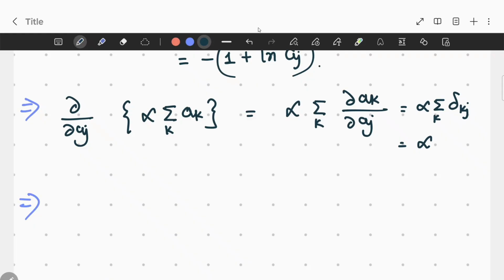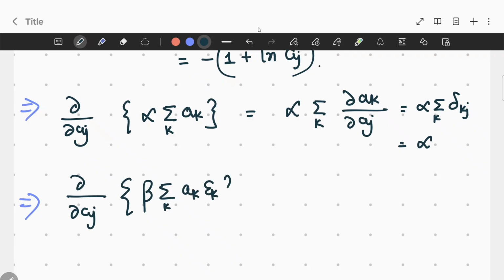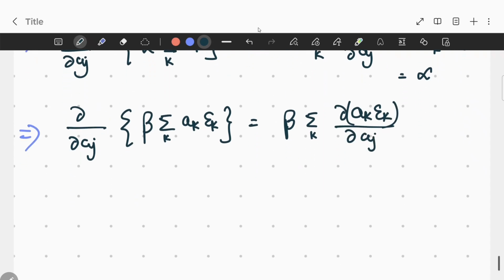And what about the third term? Here also the same thing: a_k into del a_k del a_j plus a_k into del a_k del a_j. Now we are differentiating with respect to a, right?